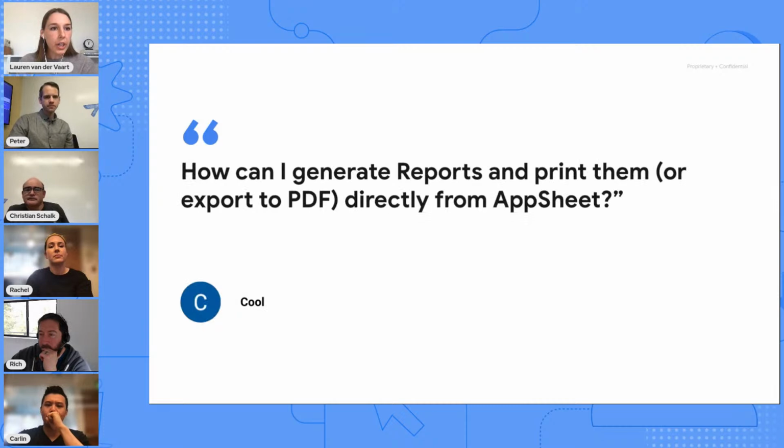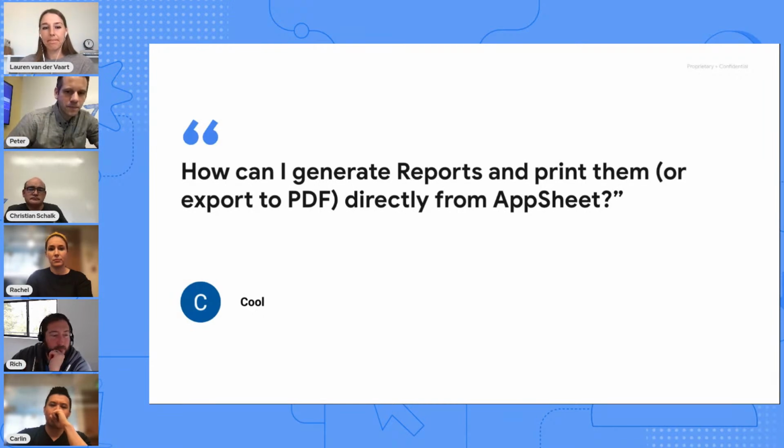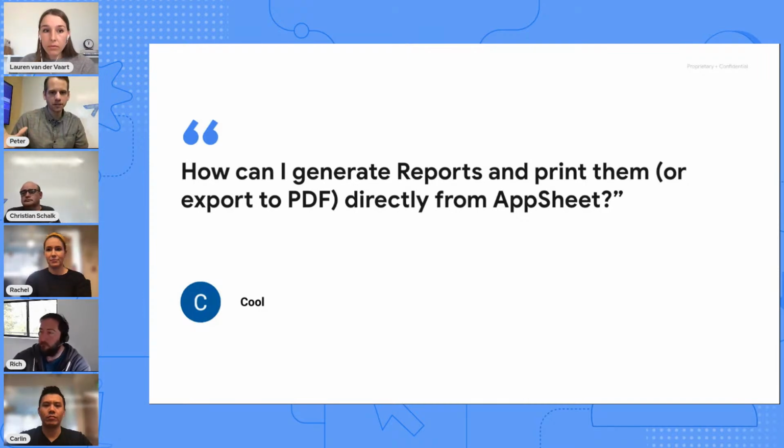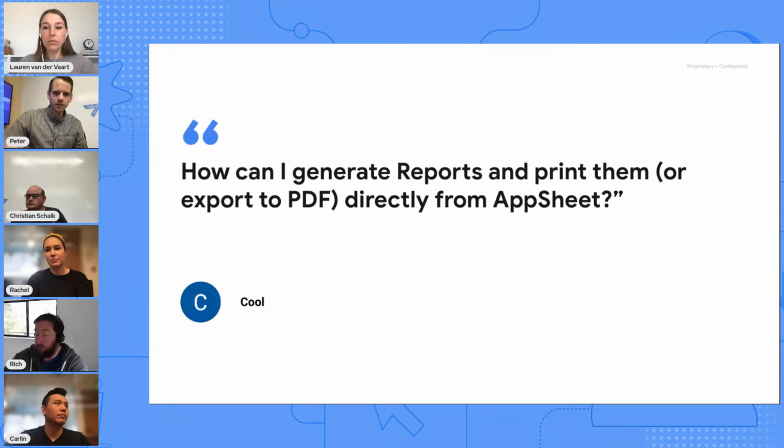Okay, how can I generate reports and print them or export to PDF directly from AppSheet? Do you mind, Rich? I think maybe you have a quick example, but I wanted to make a comment first, because there were a couple other questions about generating PDFs in general. I just wanted to level set that in automation you can have events or tasks, which include sending emails, push notifications, text messages, or generating documents.